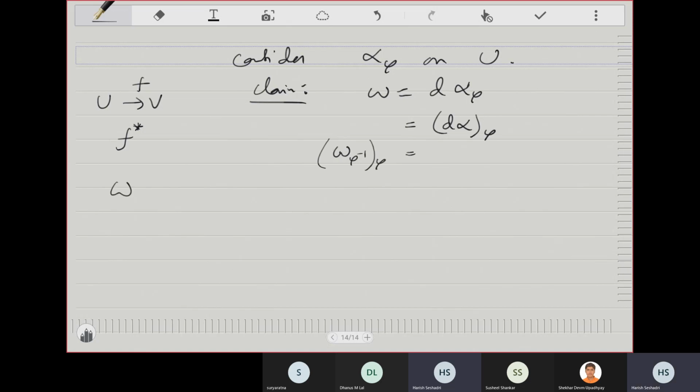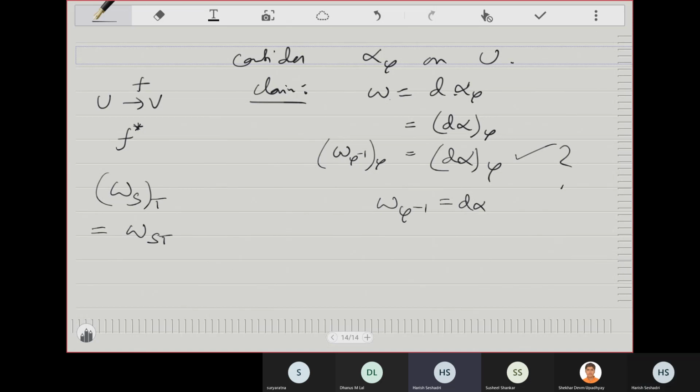Because remember, we had proved that omega is t, this equation. So if you use that, then I can write this like this. So the equation that we want is equivalent to saying that this equals this. So is this true? Well, we already know that this equals this. So therefore, if you take one more pullback, we get this. So that's it. We're done.